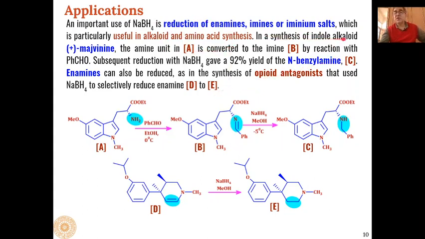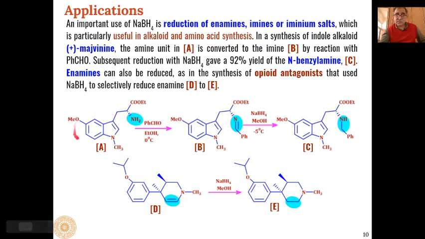For example, in the synthesis of the indole alkaloid mitragynine, this is the amine unit present in the substrate which leads to the formation of this indole alkaloid.